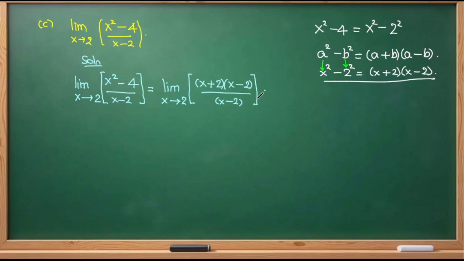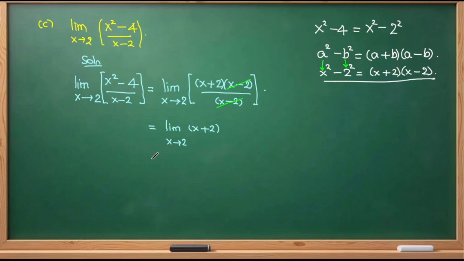We close our square bracket. We can see again here that the second term x minus 2 is similar to x minus 2 from the denominator. So when they cancel out, the remaining term from our numerator would be the limit of x tending to 2 of x plus 2.